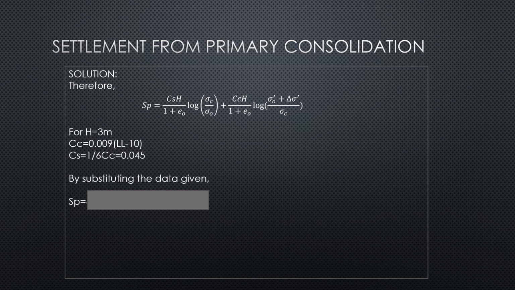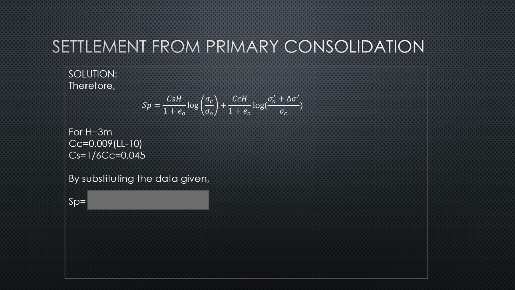62.3 mm. Actually it is covered, but on my PowerPoint, you could just simply remove the covering, okay? So that will be the answer, 62.3 mm. Okay. So in this discussion, our focus is to compute the settlement from primary consolidation.